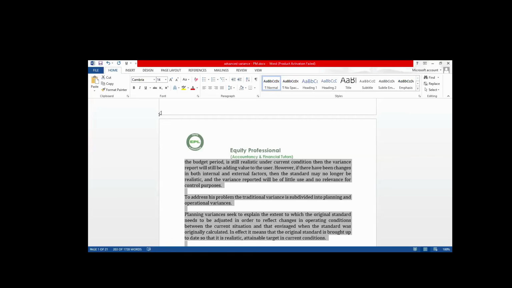The process of investigating the difference between your budget and your actual results is what we call variance analysis.